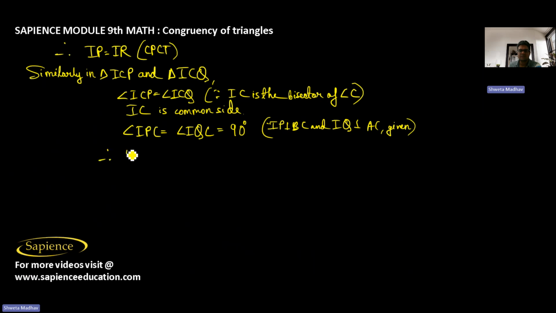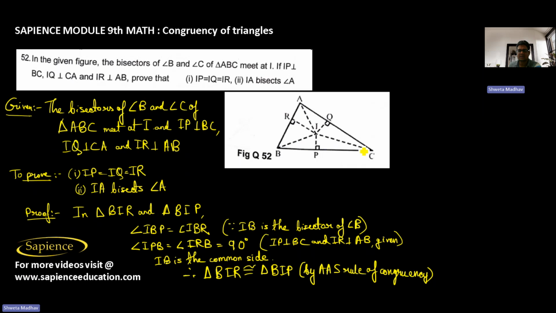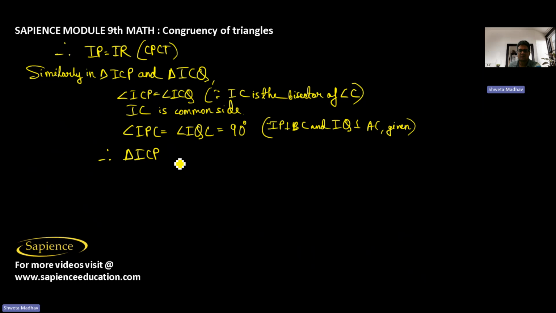So here we have two angles and one non-included side of these two triangles the same. So triangle ICP is congruent to triangle ICQ by AAS rule of congruency.